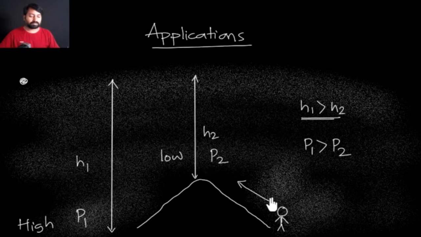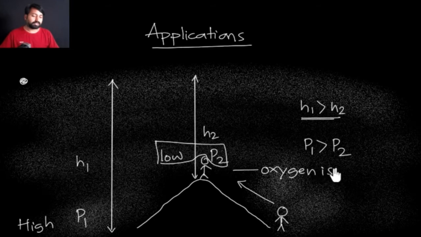When he reaches the top, assume it is Mount Everest, the pressure is very low over there, and because of that he gets less oxygen; the oxygen quantity is less.